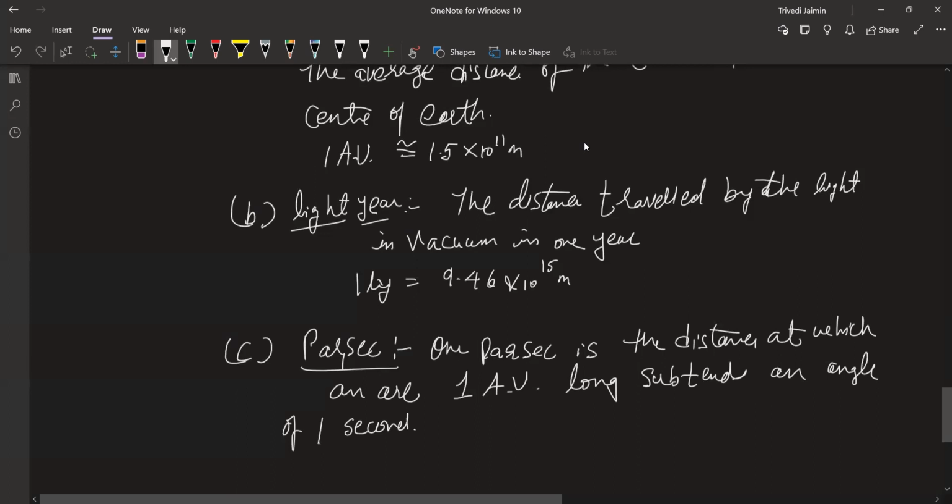So 1 parsec equals 3.1 into 10 to the power 16 meter.